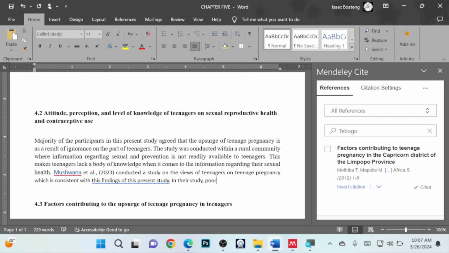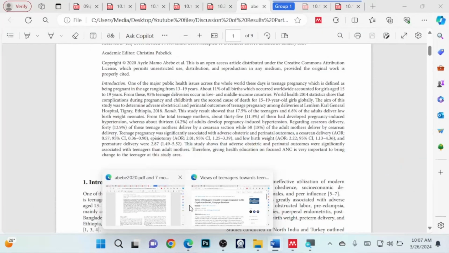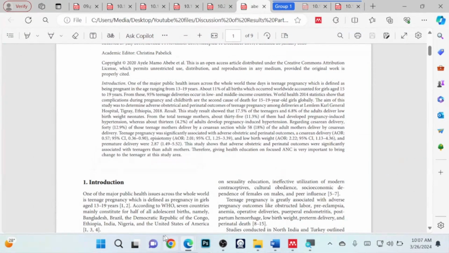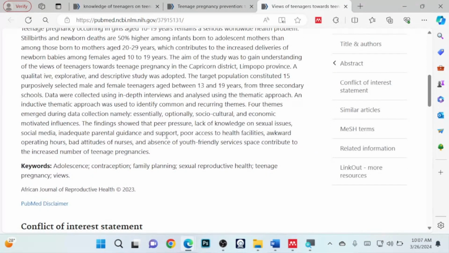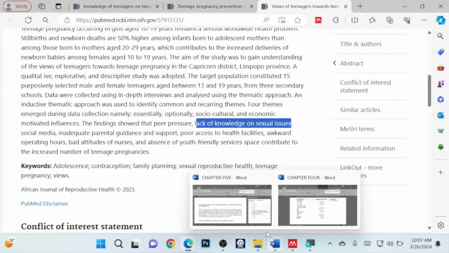Now, in their study, poor knowledge, and I want to know exactly what they stated. I think I found it here: poor knowledge or lack of knowledge on sexual issues. That is what I want to talk about.